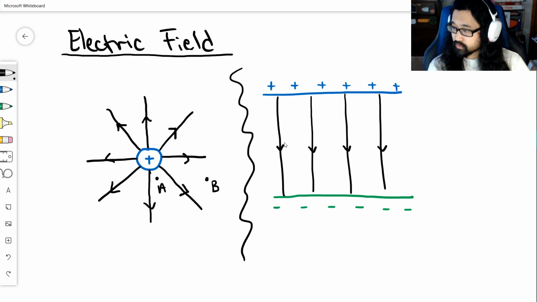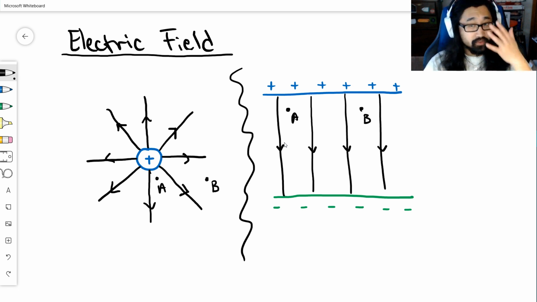If I were to look at the example on the right, with point A and point B, they actually feel the same amount of electric field because the line spacing is the same. It's the same for point C because the line spacing is the same. The electric force that they feel is dependent on the electric field. It's also the same because the electric field is the same everywhere, so the electric force is the same everywhere.